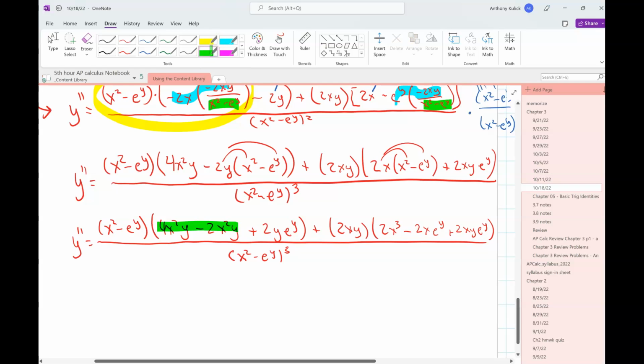Okay, and notice that this stuff is just positive 2x squared y.